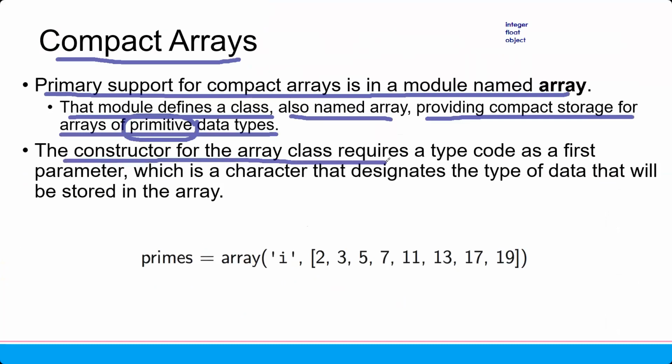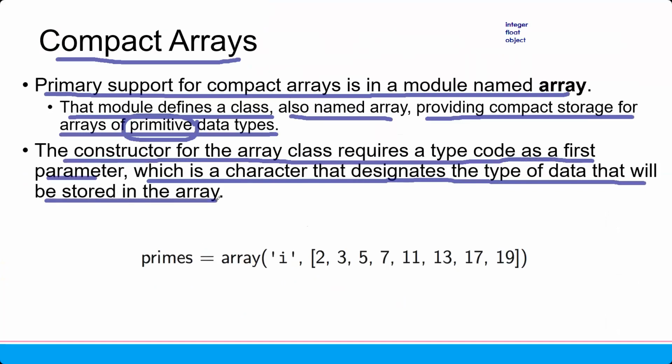The constructor for the array class requires a type code as the first parameter, which is a character that decides the type of the data that will be stored in the array. For example, I have a variable prime, and I would like to make an array, and the type code will be 'i'. 'i' means integer.